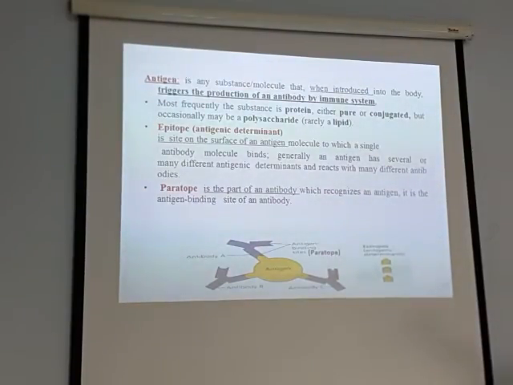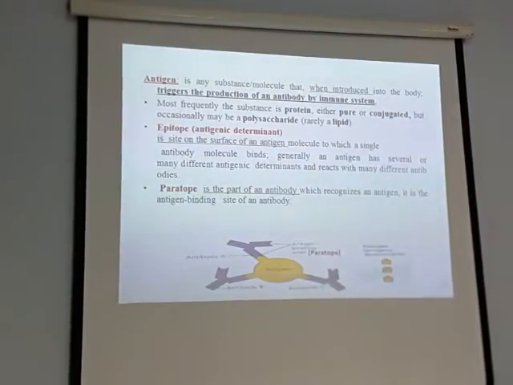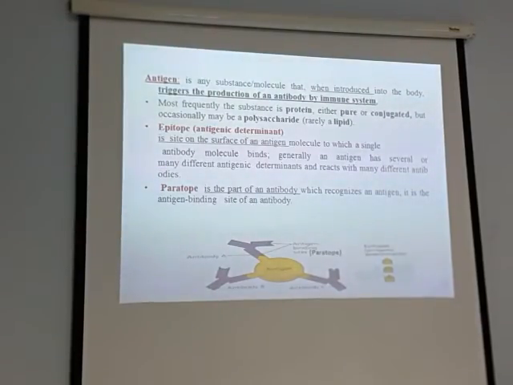The part where the antibody comes and binds is called the epitope. Paratope is present on the antibody; it is the specific site where the antigen comes and binds. Do you understand what the epitope is and what the paratope is? Epitope is present on the antigen, so it attaches to the antibody. Paratope is present on the antibody.